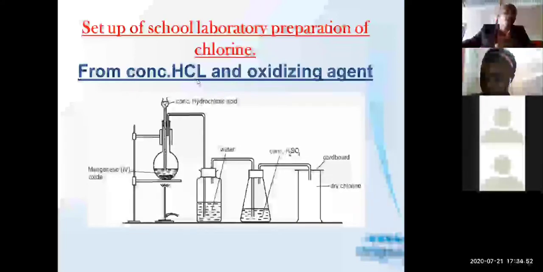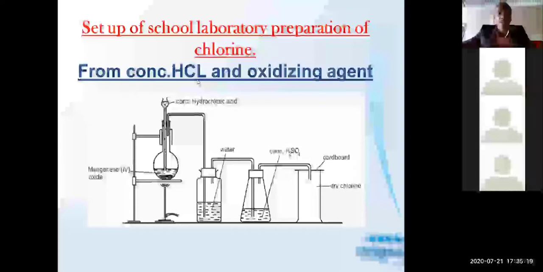So you can say the orange potassium dichromate(VI). That is also an oxidizing agent.